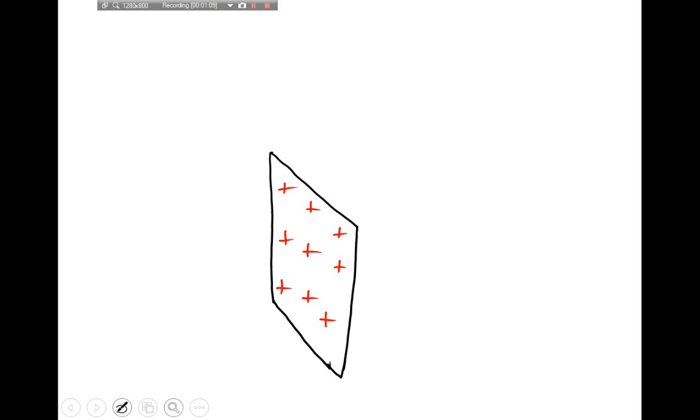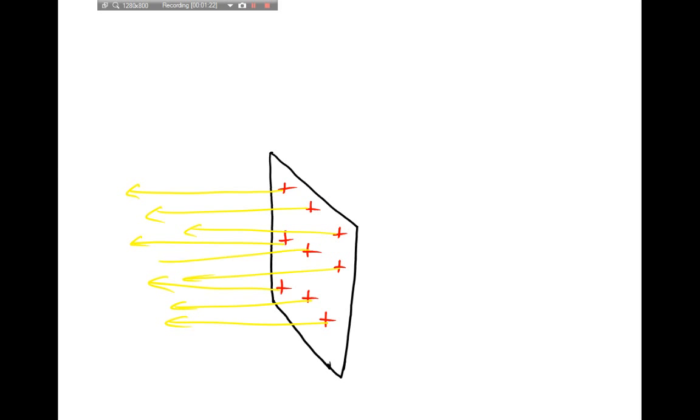And because there's positive charge on this plane, there will be electric fields emanating from it. So I'm going to have electric fields that are coming out like this, as well as electric fields that are going to be going in the other direction. So I'm going to have an electric field going in this direction as well.